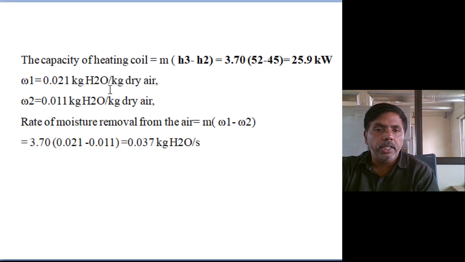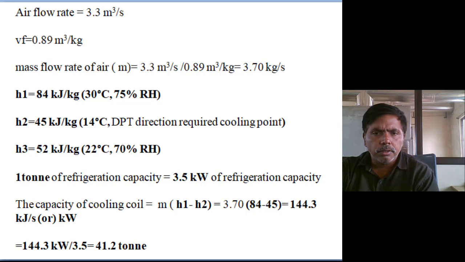Next, move to the heating coil. Sorry, where is the heating coil capacity? Here we have not calculated heating coil capacity. The heating coil capacity means simply the change in enthalpy. It is 52 minus 45, 7 kilojoules per kg. 7 into 3.7, 25 point something. 25 divided by 3.5, around 6 tons of heating is required.